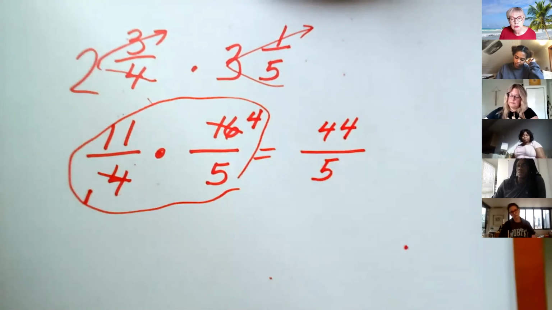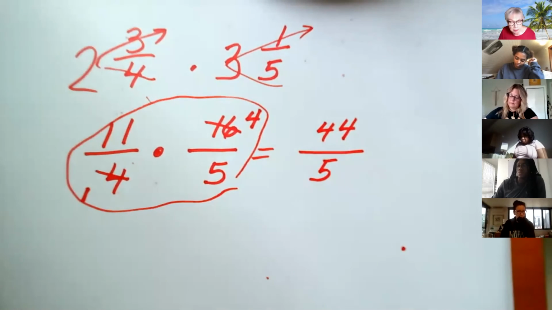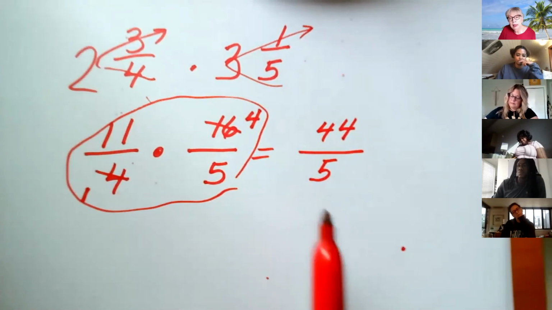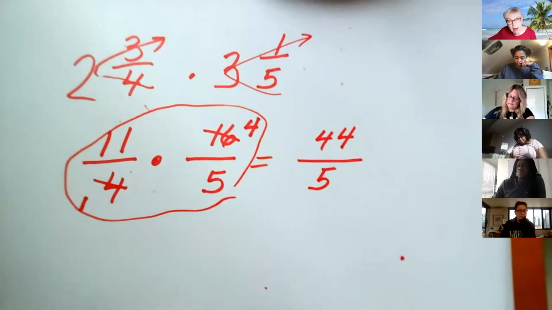So people confuse reduced with make it a mixed number. This is reduced. There's no common factors left. And so this is an acceptable answer, or the mixed number version of it is an acceptable answer. I'm going to leave that one there because I like it.